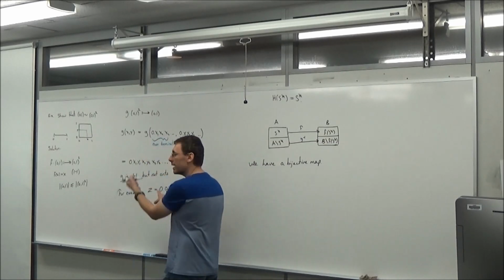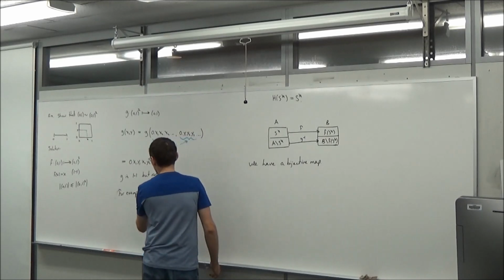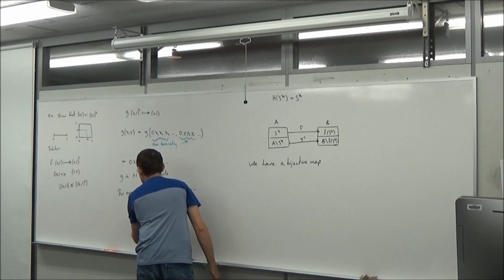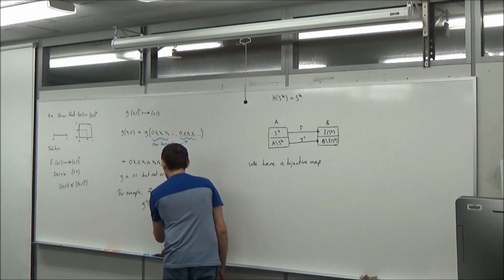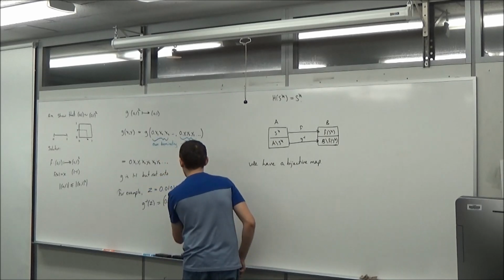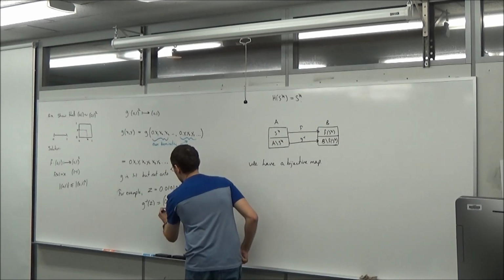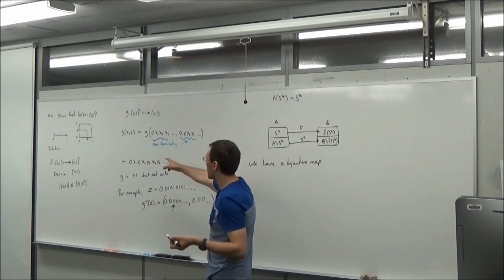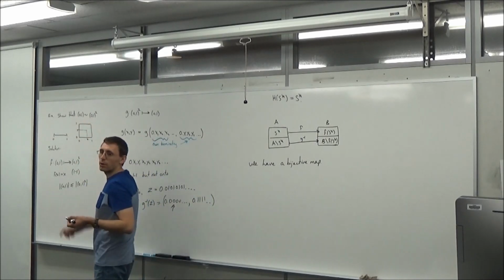You see, if I try to untangle it, if I try to take g inverse of z, it will produce something like 0.0000, that's the first number, and the other number is 0.111, etc. But this is 0, we don't have 0, we don't have the quarter. The interval does not contain the quarter.